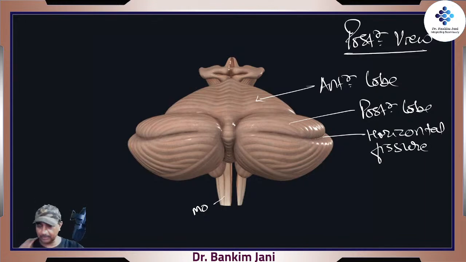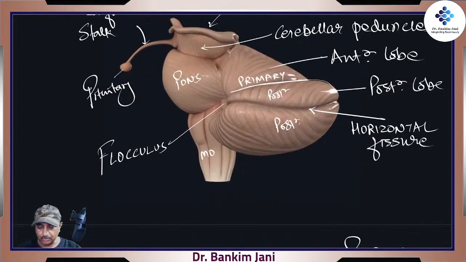This is the horizontal fissure, literally horizontal. But when we rotate it, on the lateral aspect also it is seen. So all the way from the sides, and it goes posteriorly. You got it?